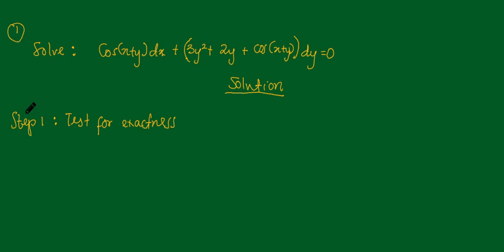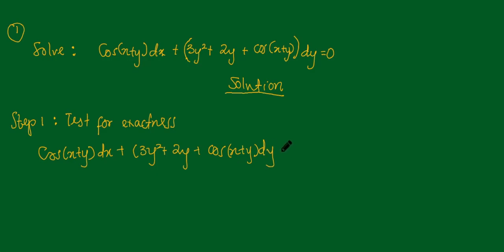So in doing this, we have (cos x + y) dx + (3y² + 2y + cos x + y) dy = 0.